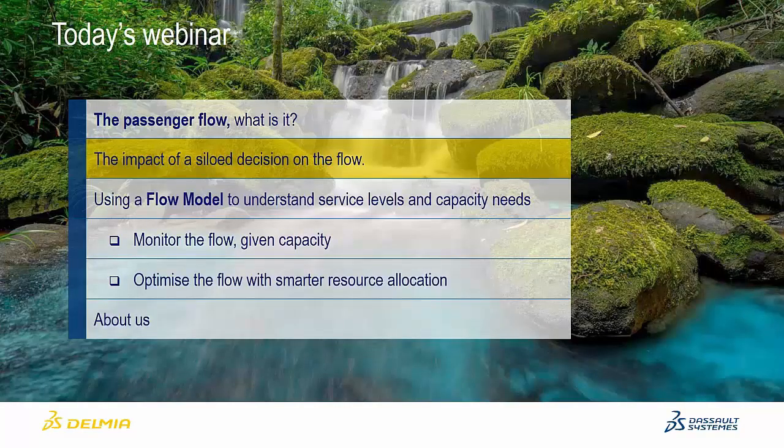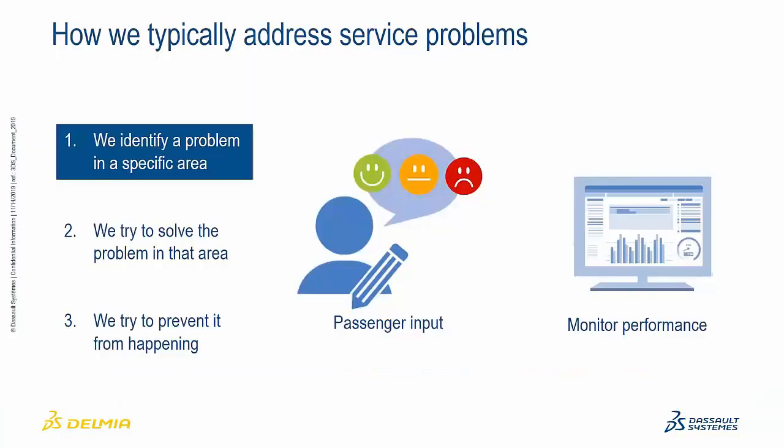So let's first make a distinction between having a holistic view of your airport and the siloed view that we typically see. What happens when there is a problem at one of our touch points? The first step is that we identify there is a problem.